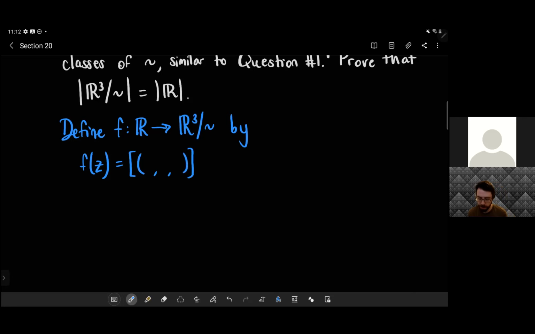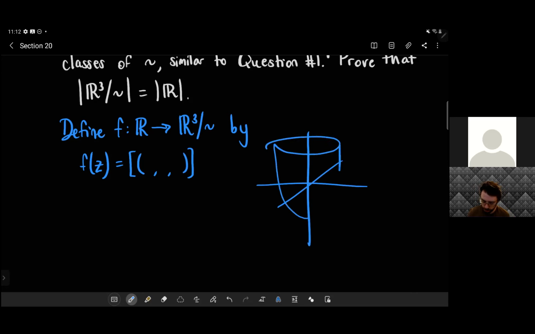So think about what you might fill in here. We're thinking about a paraboloid sitting somewhere. Maybe this is the z value you're thinking about. Why not just pick the lowest point of that paraboloid, which is x equals 0, y equals 0, z equals whatever that lowest point is. When defining these bijections, just do the simplest thing, right? You could pick any other point on the paraboloid, but it's nice to have zeros, so why not?